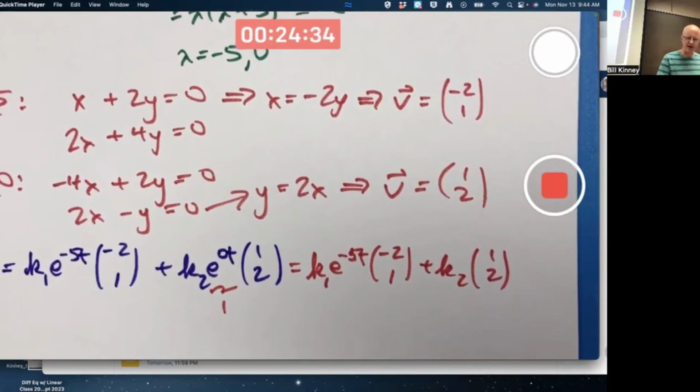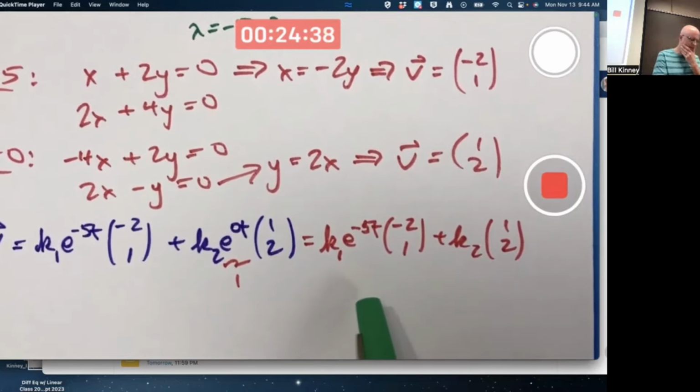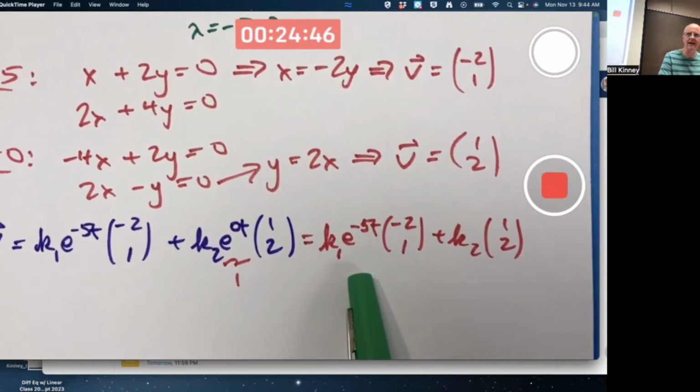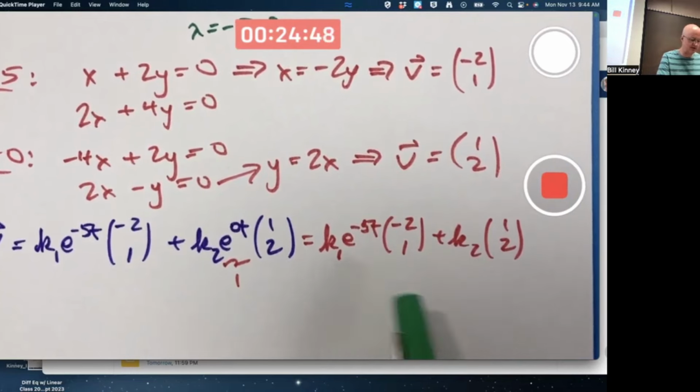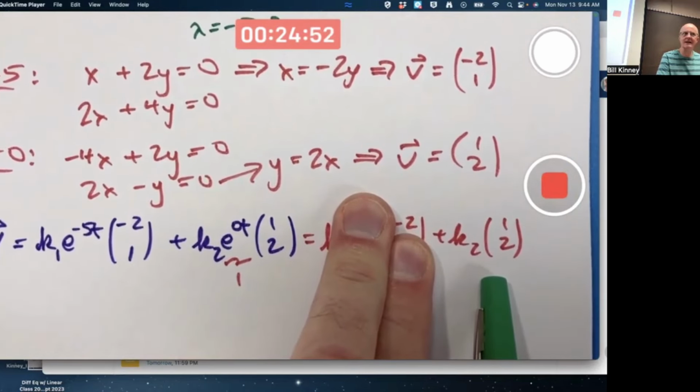But let's just think about it for the moment. What would happen if K1 is 0? What if we solve an initial value problem and get K1 equal to 0? Then this term would go away, and you'd be left with a constant vector. It doesn't depend on t. I guess that's got to be an equilibrium point. It's not moving, not changing over time.